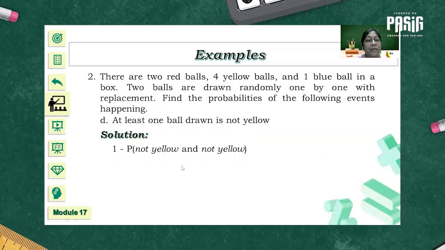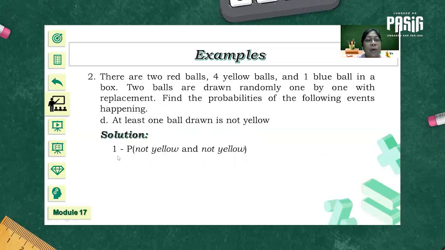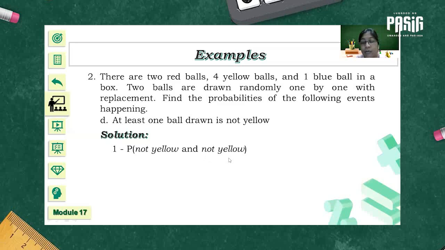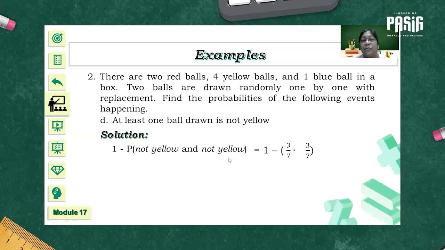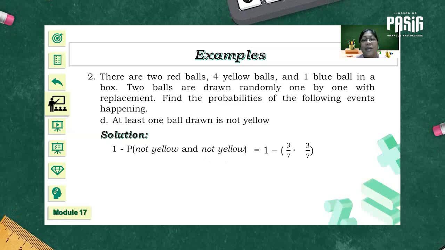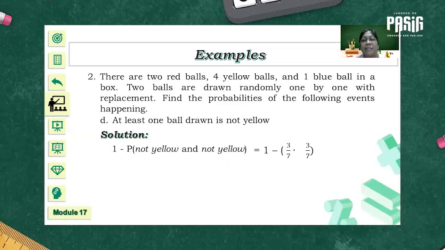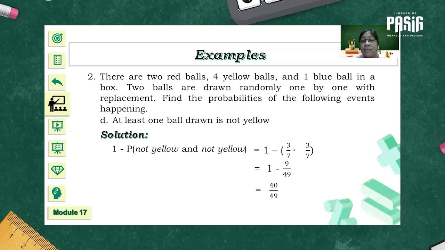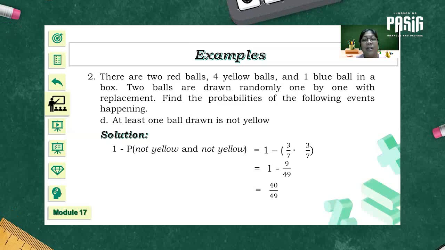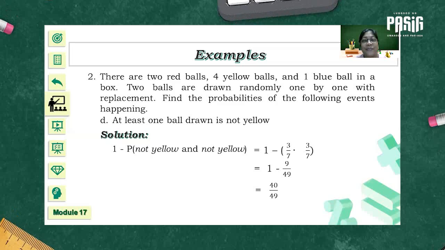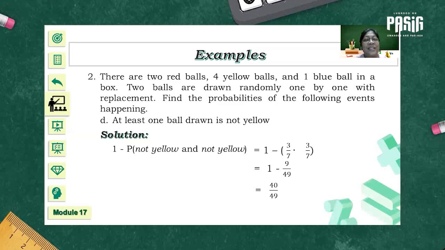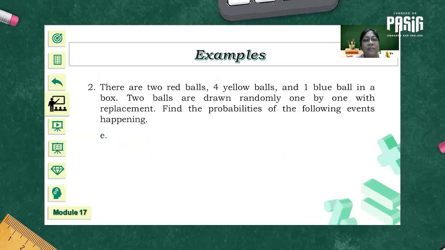Therefore, we'll make use of the formula 1 minus the probability of not yellow and not yellow, which is equal to 1 minus 3 over 7 times 3 over 7, which is equal to 1 minus 9 over 49, which is equal to 40 over 49. Definitely, we'll arrive at the same answer. This is a shorter one. Don't you think? Let's proceed to letter E.